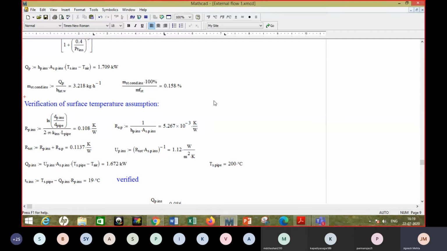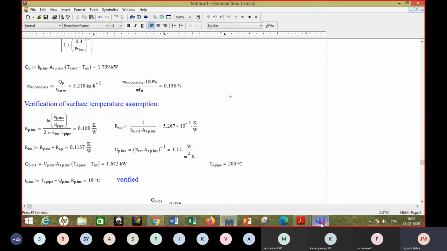Here it is a combination of conduction and convection on two sides, and with this I have just verified that the surface temperature would come out to be very close to 19 degrees Celsius, right? But for this example, you can take that it was given to you, and here the prime job was to find the heat transfer coefficient and get the heat transfer rate from that.